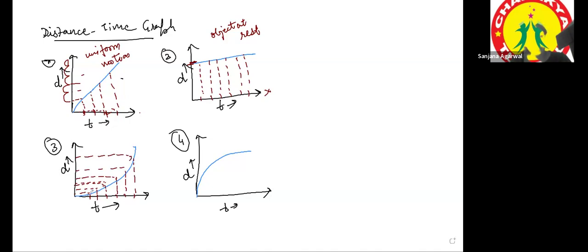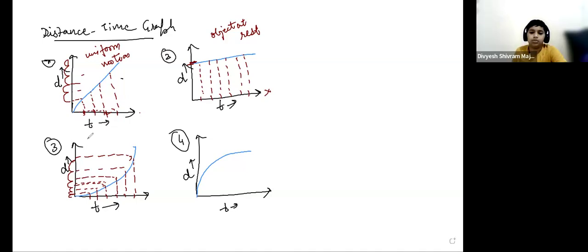If you see, the time axis has equal time intervals, and correspondingly, the distance values first increase at a smaller rate, then start increasing at a larger rate. Can you see the gap? So gradually it is increasing. The distance is gradually increasing, not at a uniform rate. We cannot say this is uniform, right? So this type of motion is non-uniform motion.